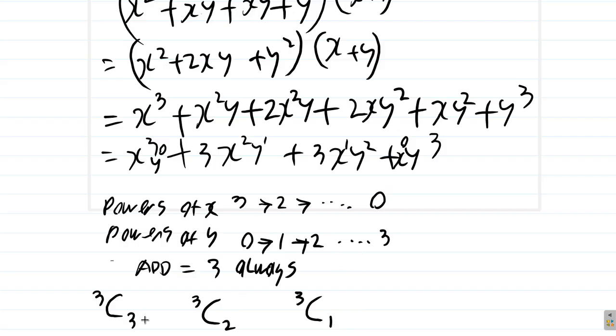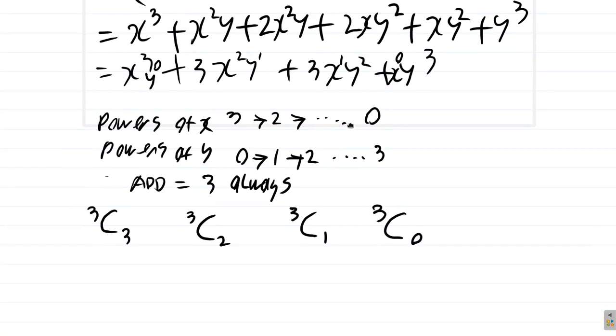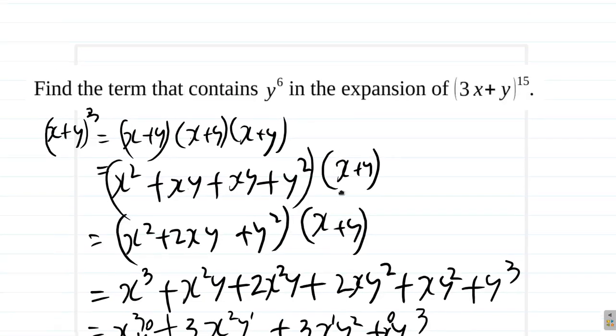That's 3C2. We're arranging x's. Then 3 numbers combination 1 x. You see, 3 x's, 2 x's, 1 x, then no x. So the next one is 3 numbers combination no x. Alright, so that should remind you.